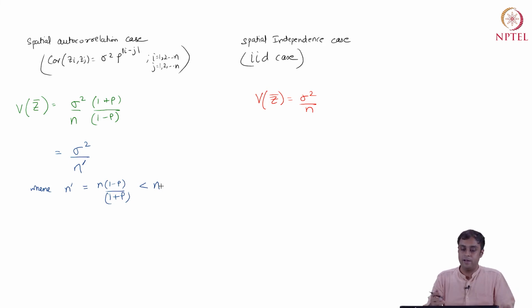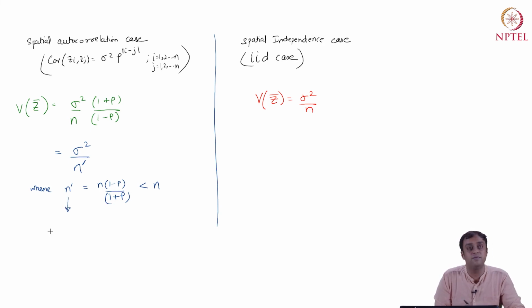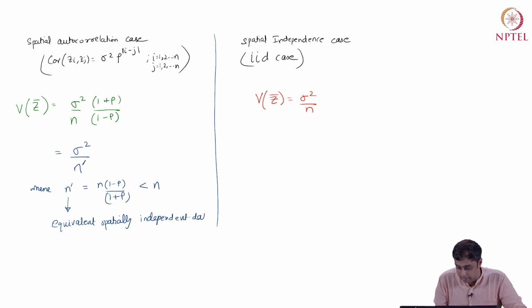So what we are seeing here is that when you introduce dependence in the data, the variance of Z bar, the error in this random variable Z bar, uses a denominator on sigma squared, n prime, which is equivalent to spatially independent data.